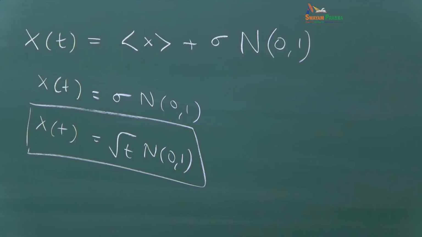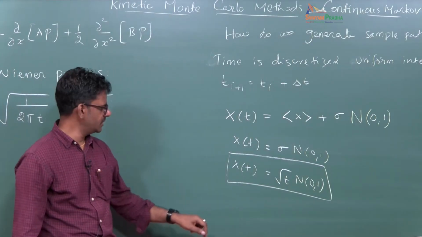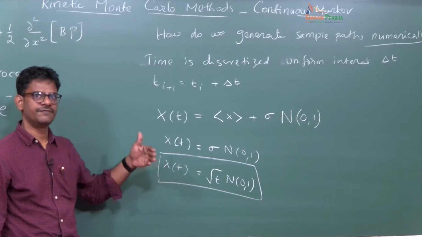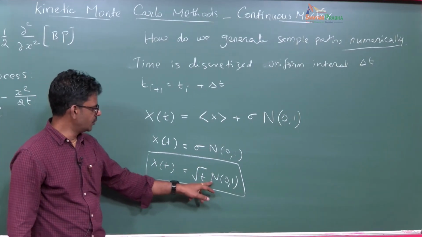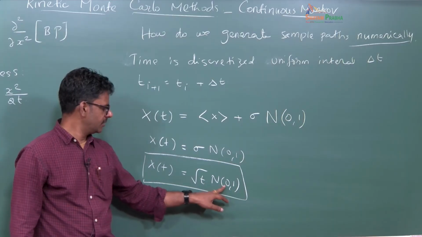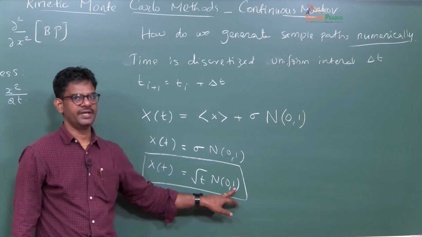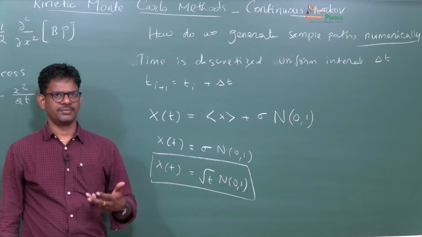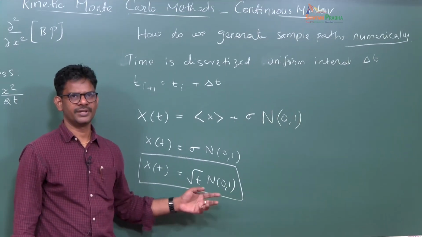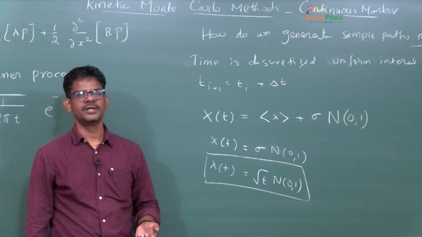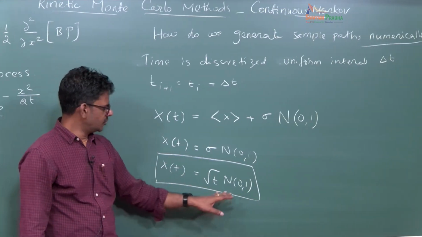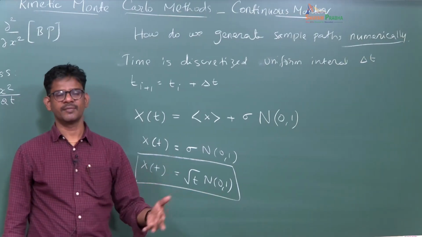Now with this kind of discretization, we can look at the value of x at different time intervals using a normal random variate n with 0 mean and 1 variance. We have looked at some methods of generating random numbers that are normally distributed. For example, the Box-Muller method is something we discussed, from which we can write a subroutine to generate a set of normally distributed random numbers.